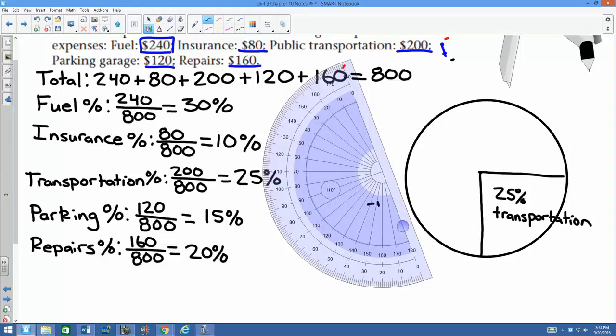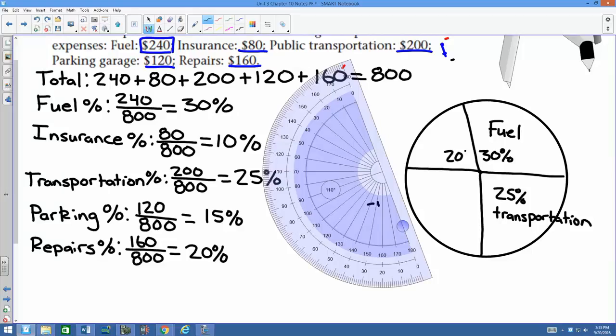You could then guess 30% is going to be a little bit bigger than 25%. So make it just slightly bigger, maybe a little bit more than that. And that would be 30% fuel. Then we also have 20% for repairs. So the 30% and the 20% should make half of a circle.